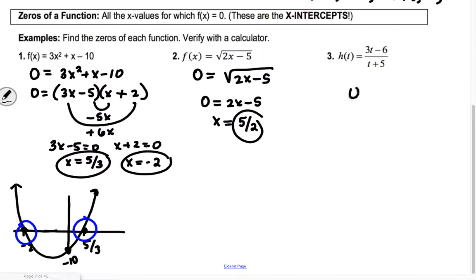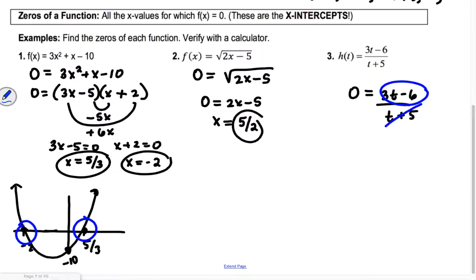All right, and then this one I'm setting my h of t equal to 0, so I have 3t minus 6 over t plus 5. The t plus 5 is insignificant. It doesn't matter in this problem, because the only way I'm going to get a fraction equaling 0 is if that numerator is equal to 0. So sometimes I tell students it's kind of like we multiply it over to the other side, and it just kind of goes away.